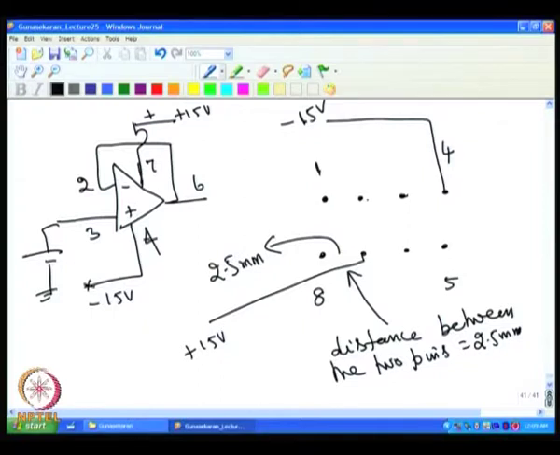Then pins 2 and 6 are to be shorted, so I will connect 2 and 6 like this. Then I have to connect pin number 3 as an input, so I will take pin number 3 out in the layout. Okay, we will make the PCB layout.